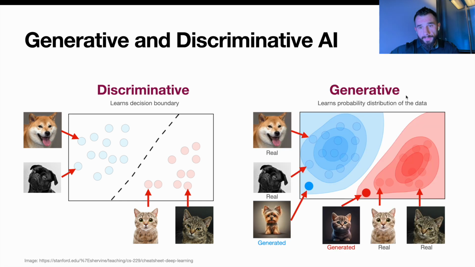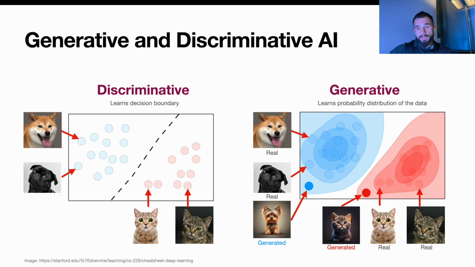Generative AI, on the other hand, learns a probability distribution rather than a boundary. A properly trained generative AI algorithm becomes the model of the distribution itself. Having a distribution, we can sample from it. Can you see these new data points here? Right? Those are ugly dogs and cats generated.